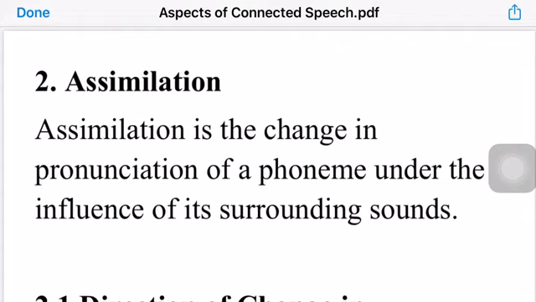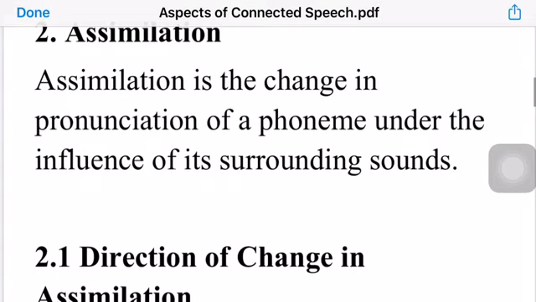Assimilation means idgham in Arabic, and just like in idgham, assimilation involves changing one sound to be like the other. So assimilation is a change in the pronunciation of a phoneme under the influence of its surrounding sounds.